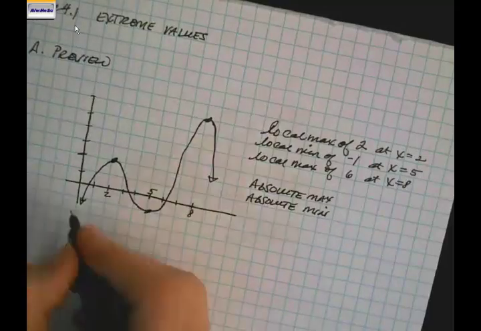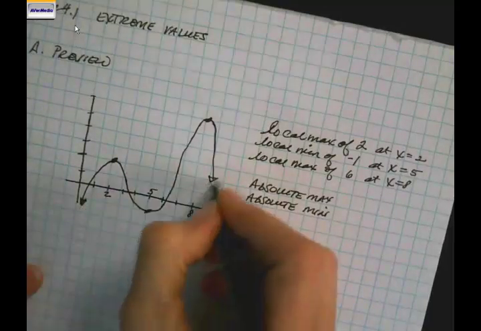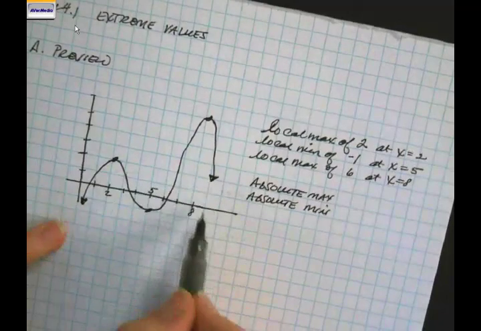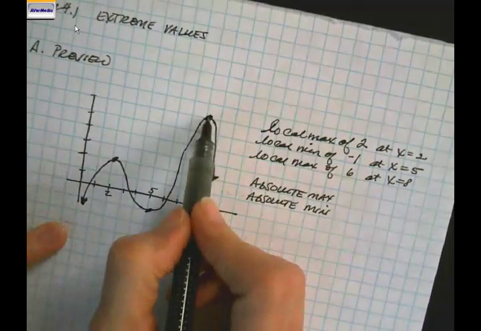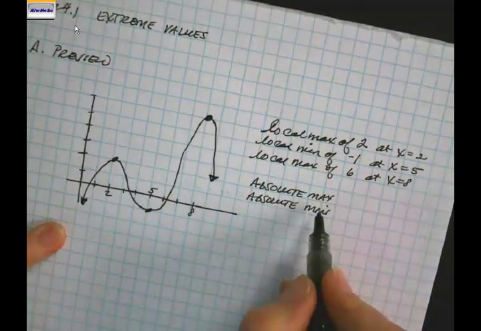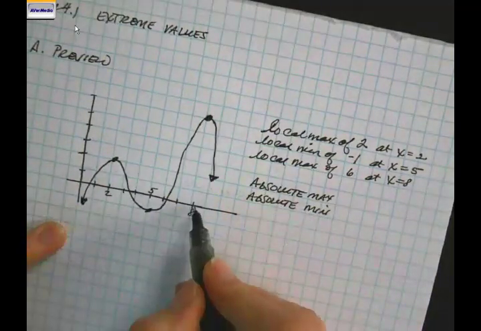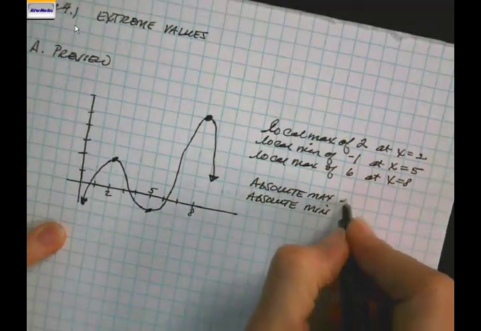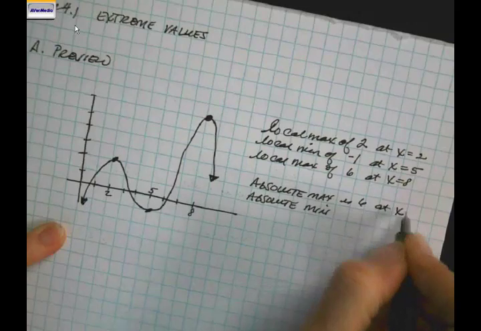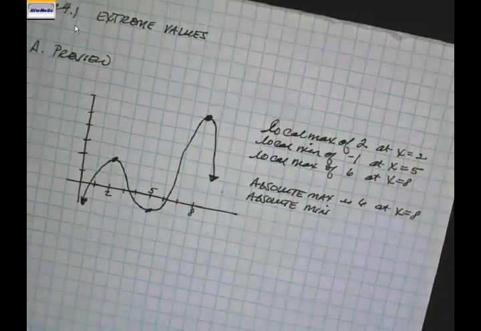Well, if you look at your end behavior on this sketch, you can see that the end behavior is down, down on the ends, and this is by far the maximum this graph will ever get in the vertical direction. So your absolute max happens to be at the x value of 8, which was a height of 6. So your absolute max is 6 at x equaling 8. So one of my local maxes is also my absolute max.